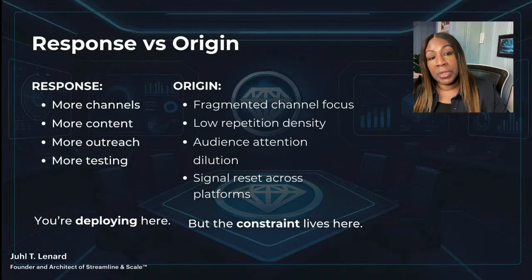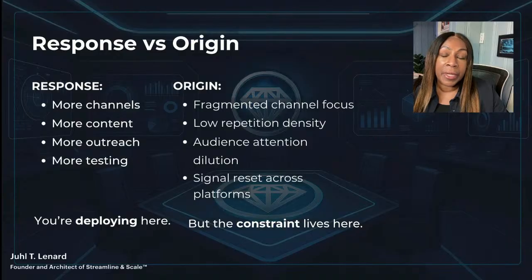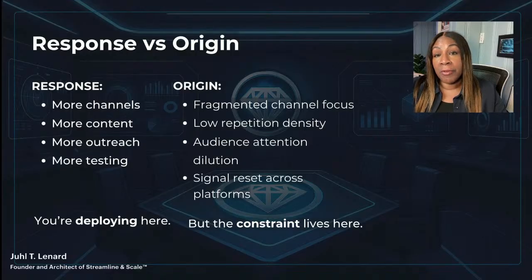But this is what we saw, and so we took that action. So when we look at the response we took, more channels, more content, more outreach, more testing, that's not aligned with the actual origin of the signal dispersion. The origin is because we have a fragmented channel focus. We've got 4 channels where we're only distributing 25% or 1.5 touches per channel.